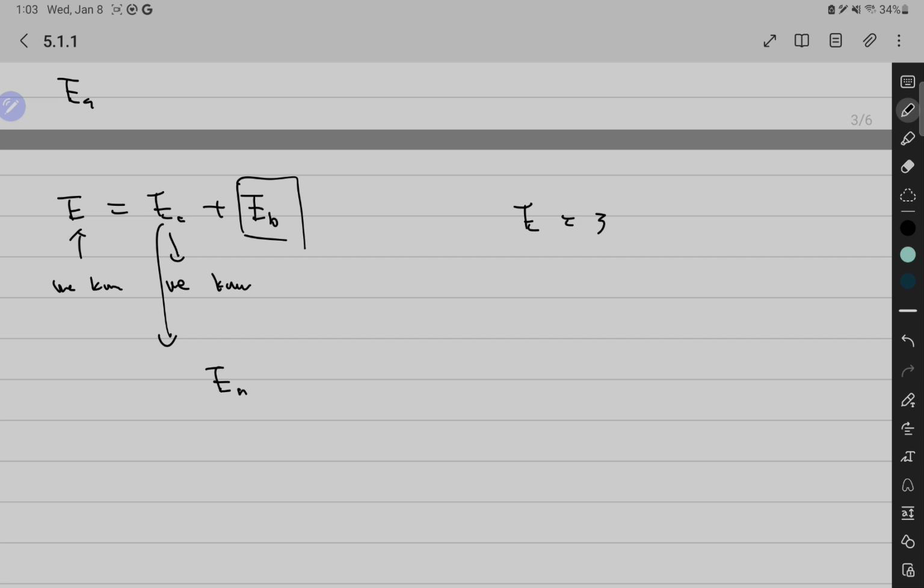This is not a very good analogy that I just made, because if E is equal to 3, and we know EA is 1 and EB is 2, I sort of assume that the energy for EA is already fixed at 1, and the energy for EB is fixed at 2. But that's not the real case here, because remember, in quantum mechanics, it's probabilistic, right?